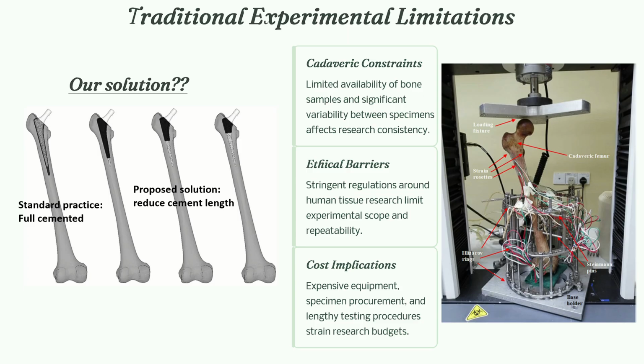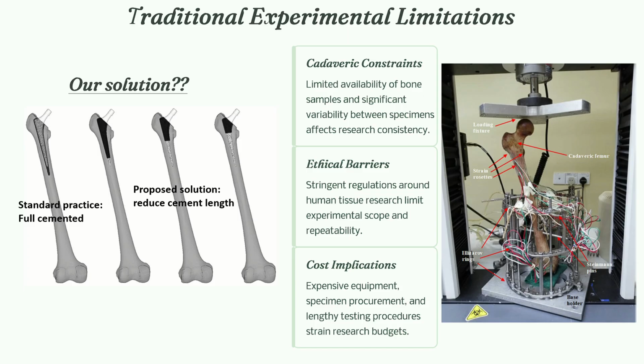First, there is limited availability of bone samples, and the natural variability between specimens affects research consistency. Secondly, since we are working with human tissue, ethical barriers limit the scope and repeatability of experiments.